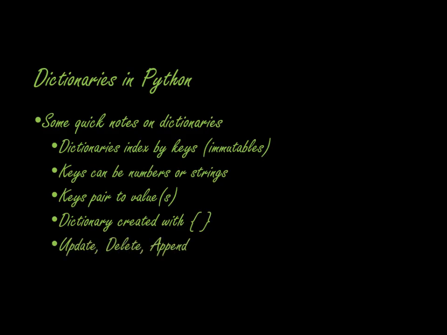Now, the big thing with the dictionary that we didn't really have a good hands-on with in the list is that we can update, we can delete, and we can append individual attributes within our dictionary.